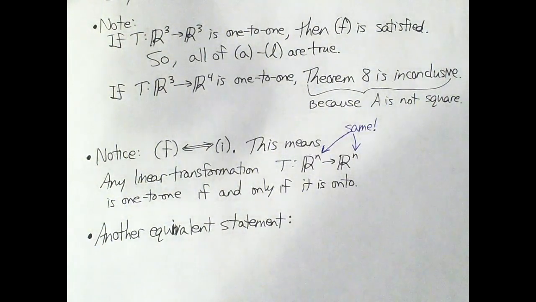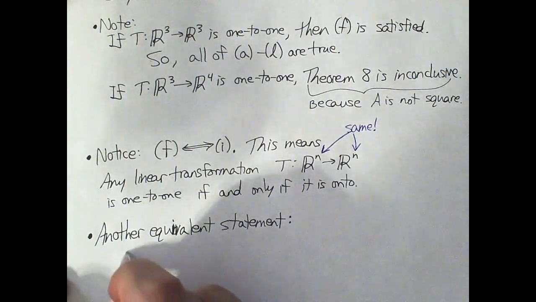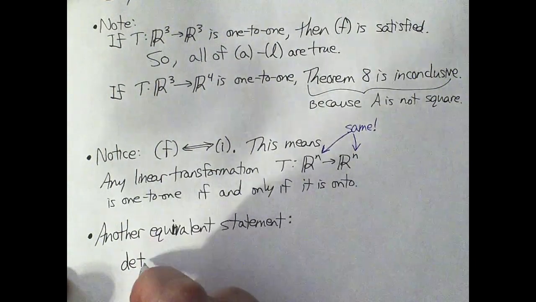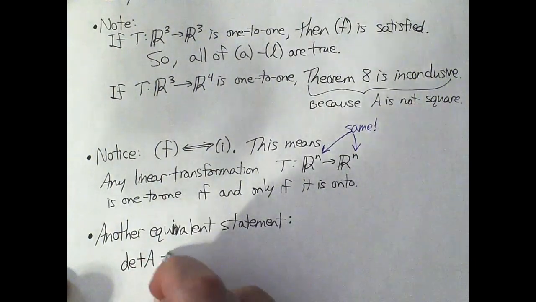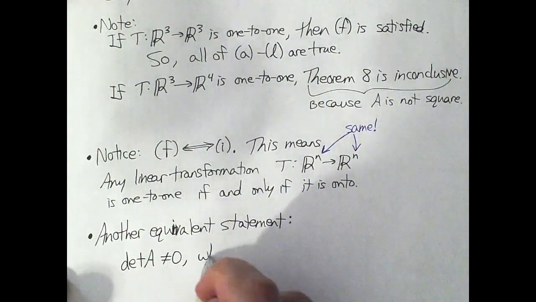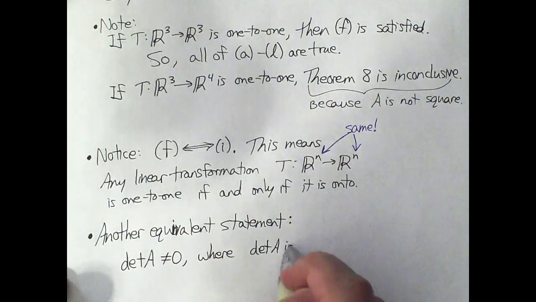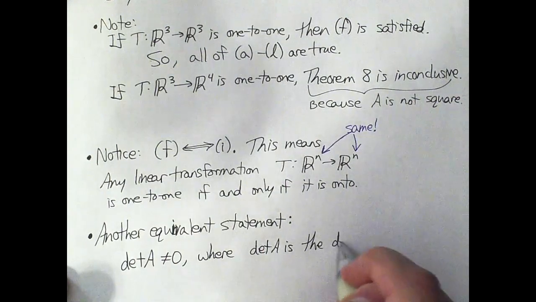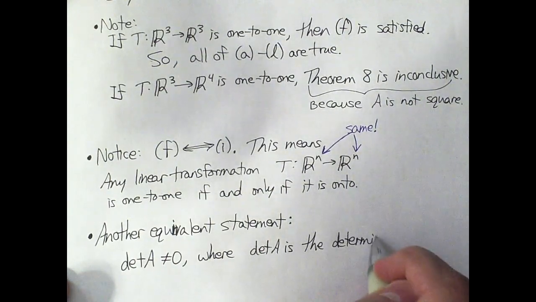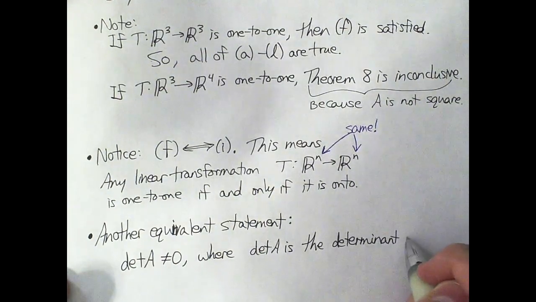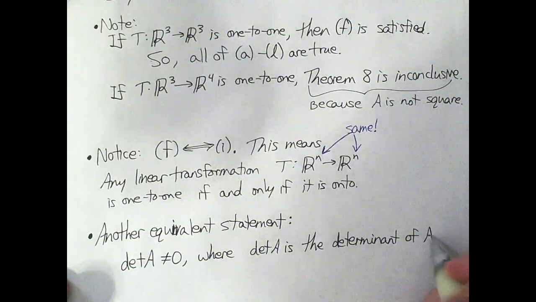I'm not going to officially add it to the list yet, but I'm going to give you a preview of one of the statements we're going to add. The determinant of A is non-zero, where det A is the determinant of A. I guess I didn't really need to say that last part. You know what det A means.